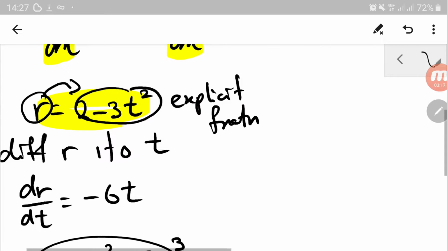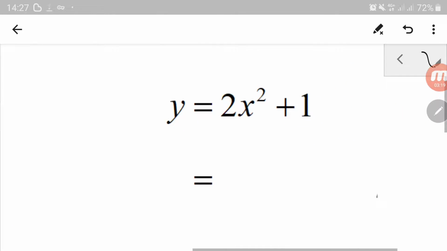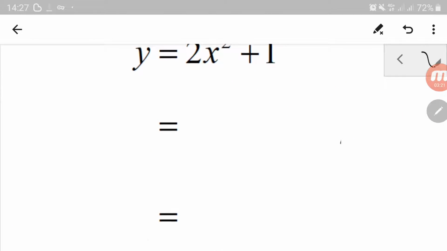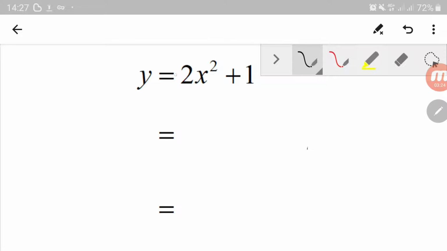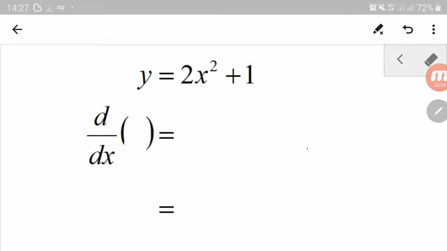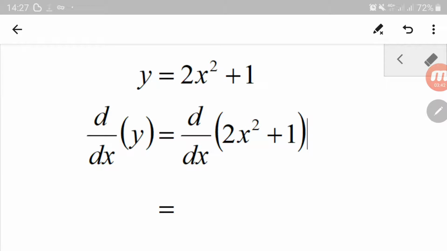Now how to do that? Maybe we can consider this example. What we do is we differentiate the left hand side in terms of x, and the right hand side we differentiate in terms of x as well.